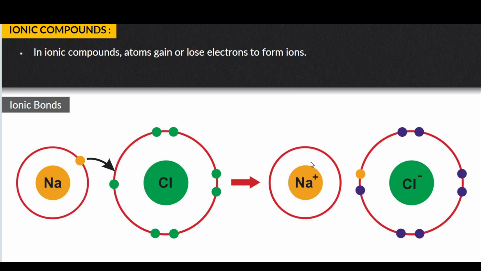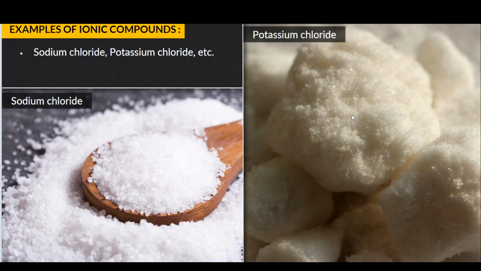That's why sodium gets a positive charge, because it is losing negative. And chlorine is gaining a negative charge. Negative charge means electron, right? That's why it becomes negative. And this way they both make their shell completely filled, right? Sodium becomes positive, chlorine negative.